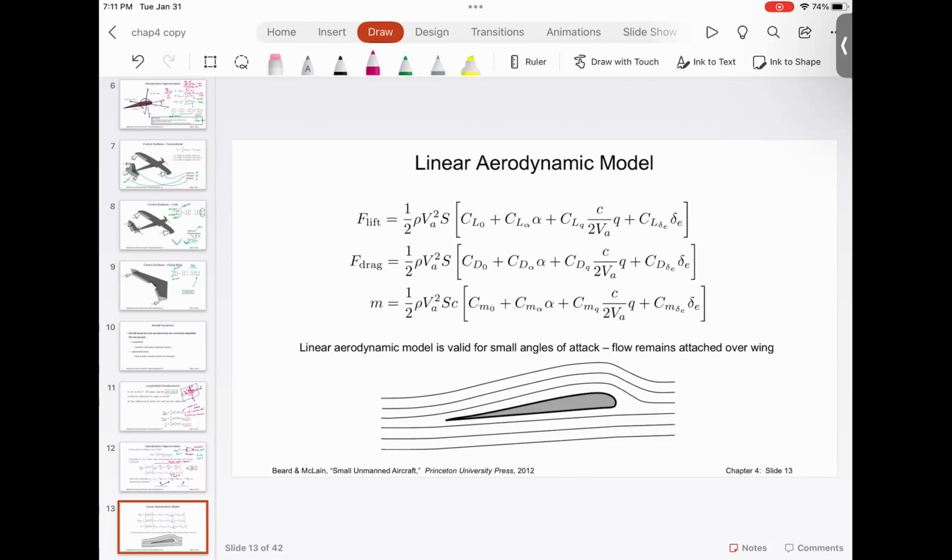Please note that these coefficients CL naught, CL alpha, CL Q, CL delta E are defined for each aircraft. As soon as you select an airframe, you will have design data. There will be a design data file that you can import inside MATLAB, wherein all these coefficients are given to you, and you can use those in your simulation.